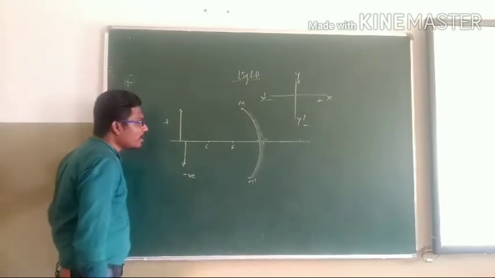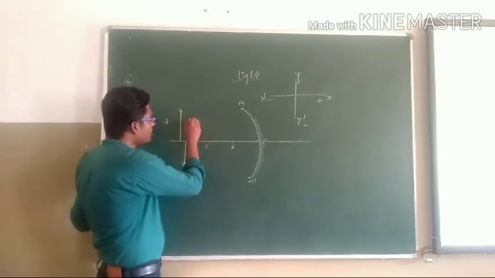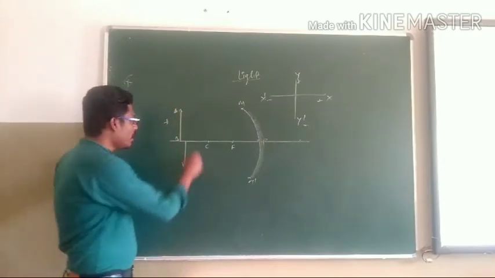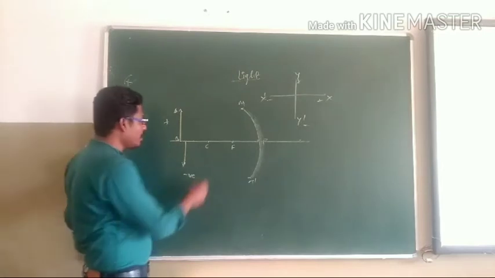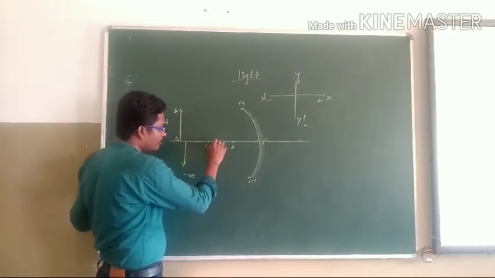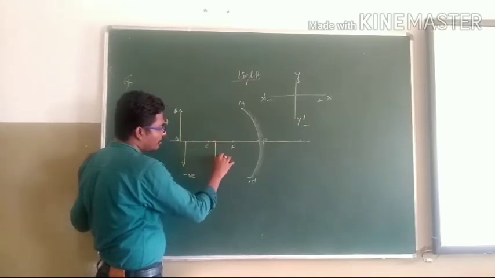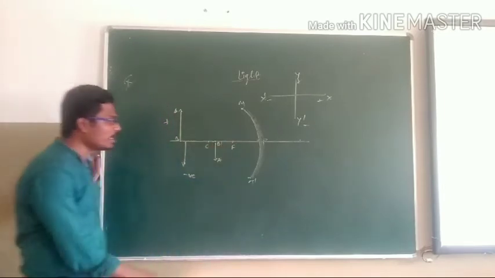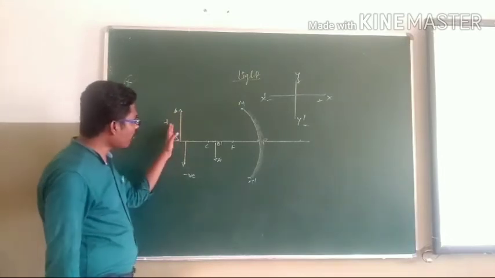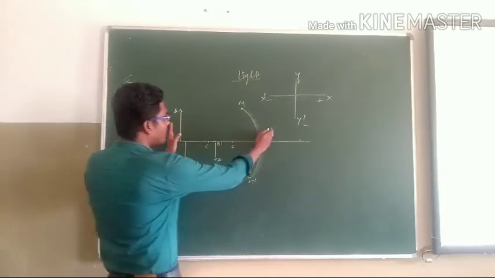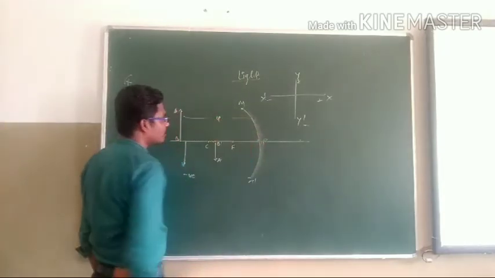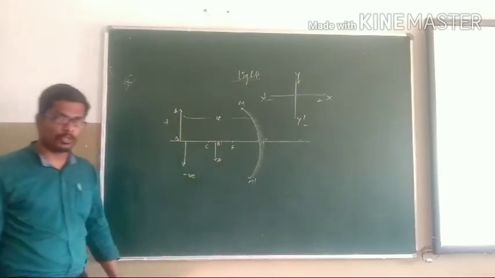Now what we have to do here is, suppose the object is there, A B, and the object has formed a real image, suppose at this point, A dash and B dash. Now what we have to learn is the distance of the object from the pole, it is taken as u.